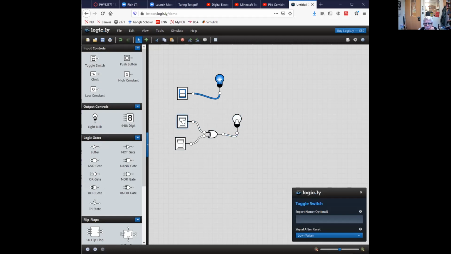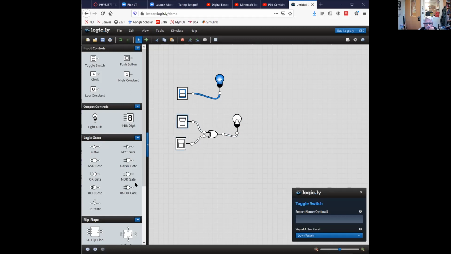So when one of them is on, you get an on, right? When both of them are off, it's off. And when both of them are on, it's off because it's exclusive. To get it on, you need only one of the two, but not both.